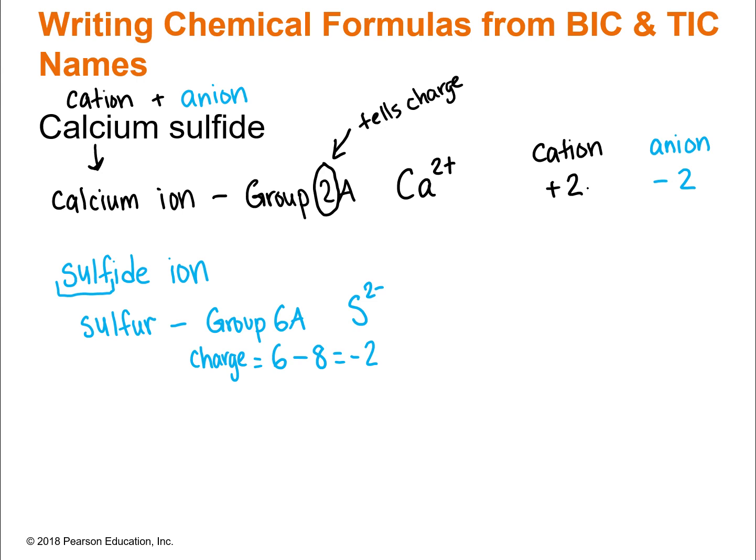We've got +2 and -2. When we add that together, we get 0. So that means that we're going to have 1 calcium and 1 sulfur in our chemical formula.